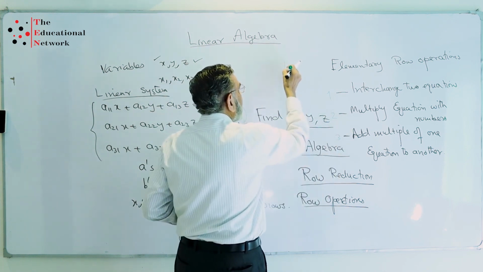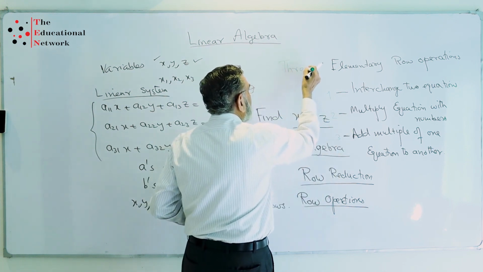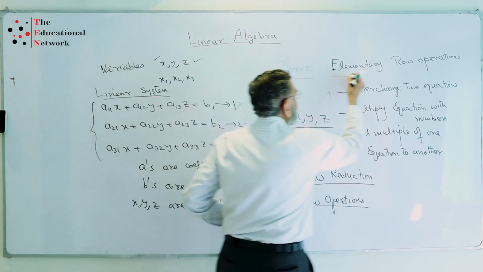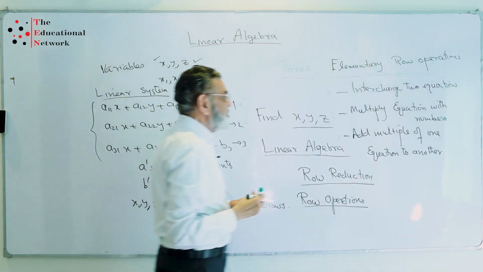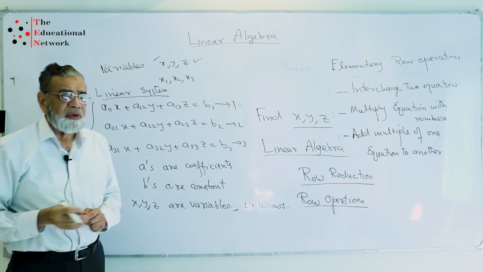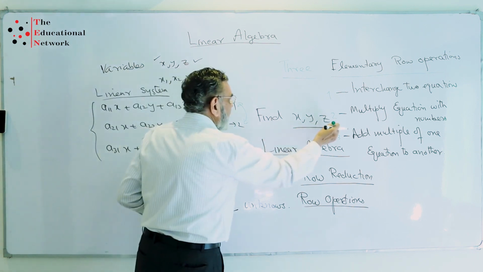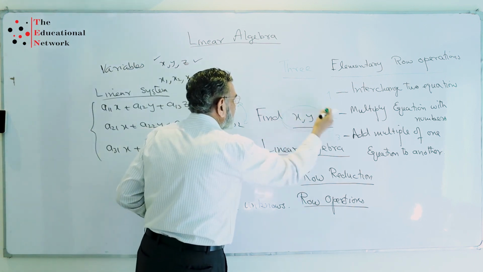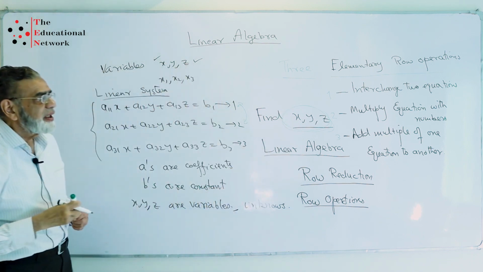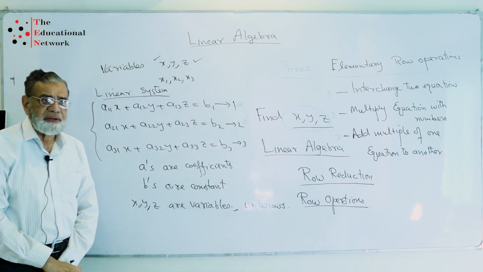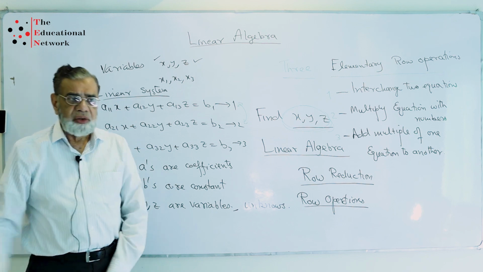These are 3 elementary row operations. And you must remember this one, that with the help of these row operations, we are going to solve our problem. We're going to find the value of x, y, and z. That's our problem to solve. And the tool for that one is the elementary row operations.